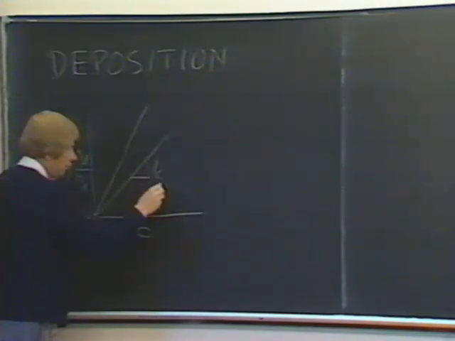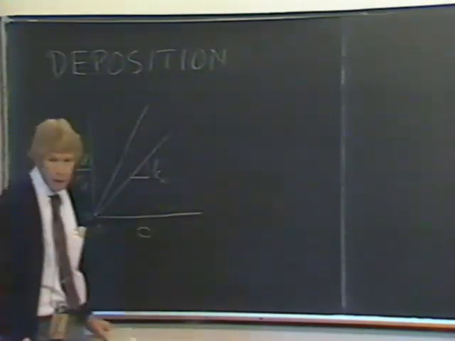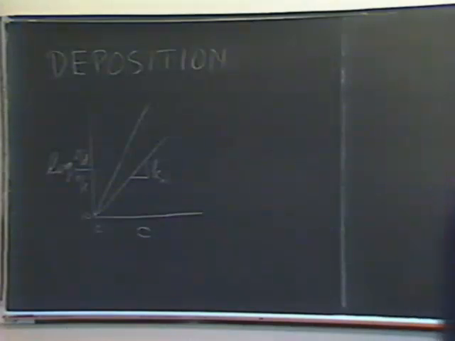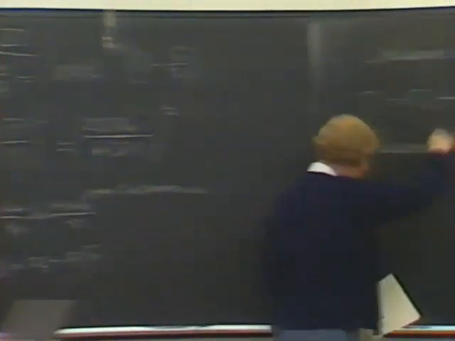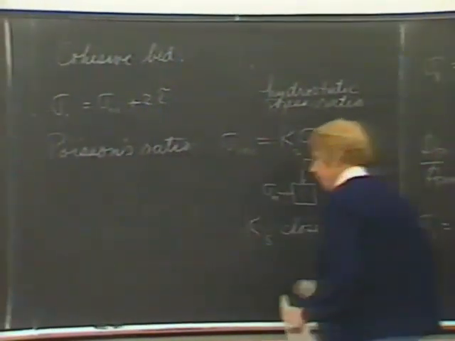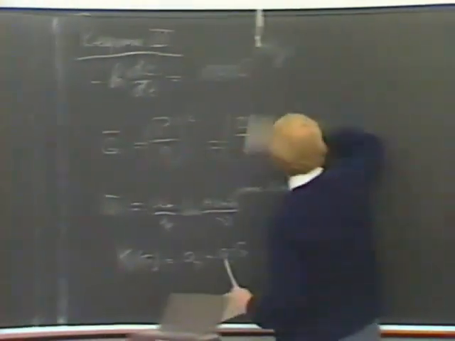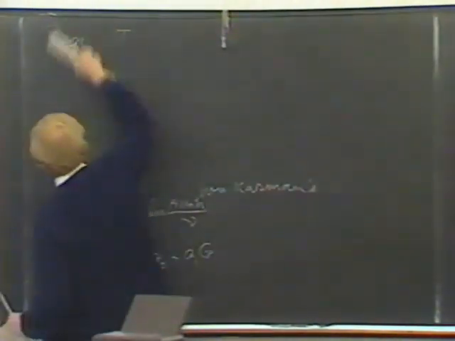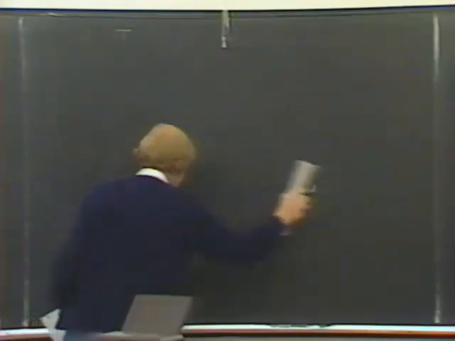If we combine these, then we have sigma 1 equals 2 tau divided by 1 minus K sub s.